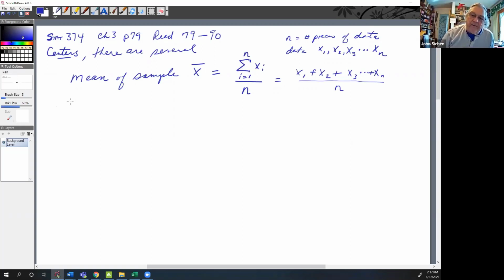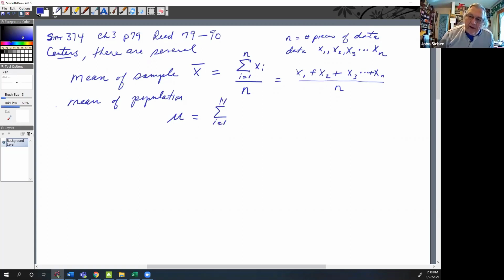Now, if we're talking about the mean of a population, we use a Greek symbol. We use mu for the mean of a population. And this would be defined, well, it's defined almost identical: the sum from i equal 1 to N of Xi over N, where there are N items in the population.